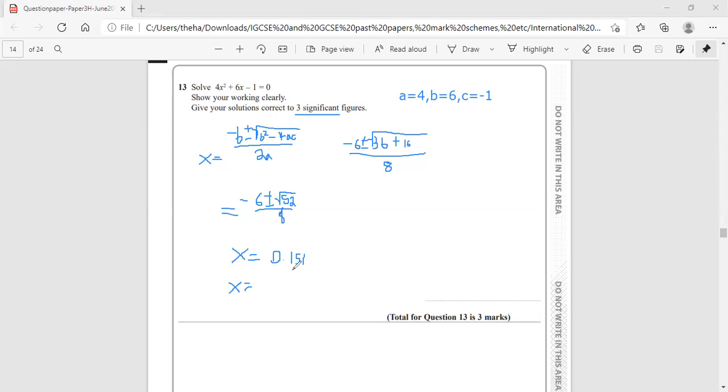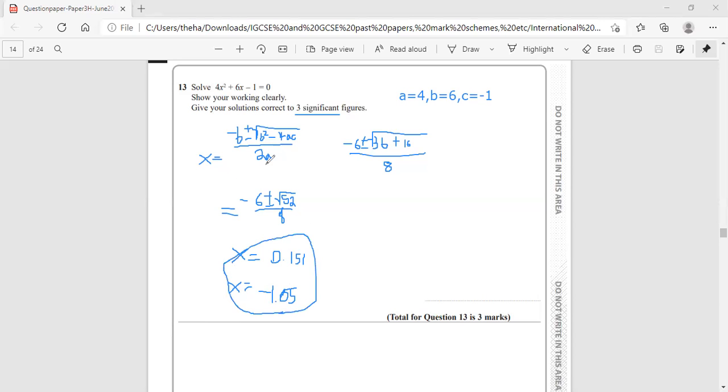And when it's minus on the top, you will get negative 1.65, and they are our two answers. So this is really not that difficult. You just have to apply the quadratic formula. You might try to factorize, which is pretty much impossible here.